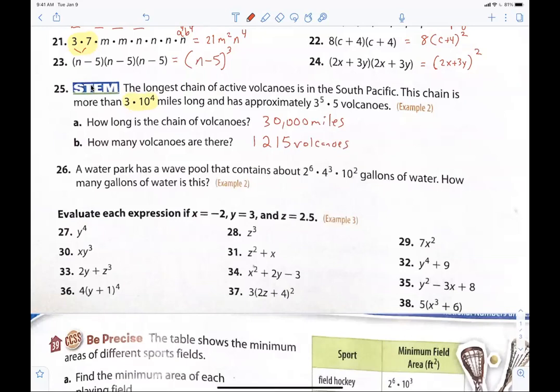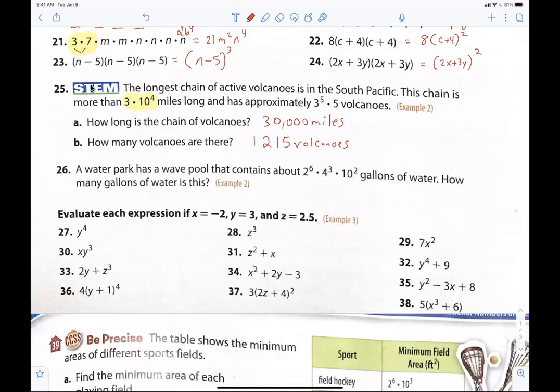I'm good with that. Lila, you get to read number 26. A water park has a wave pool that contains about 2 to the 6th power times 4 to the 3rd power times 10 to the 2nd power gallons of water. How many gallons of water?